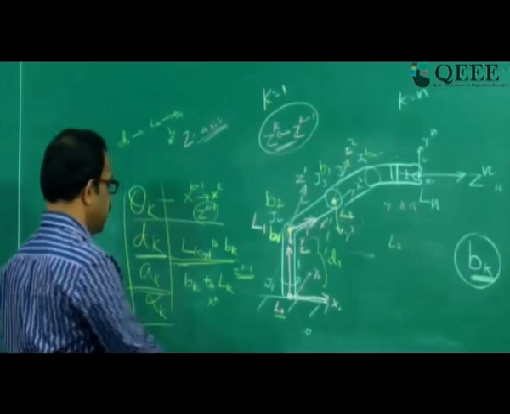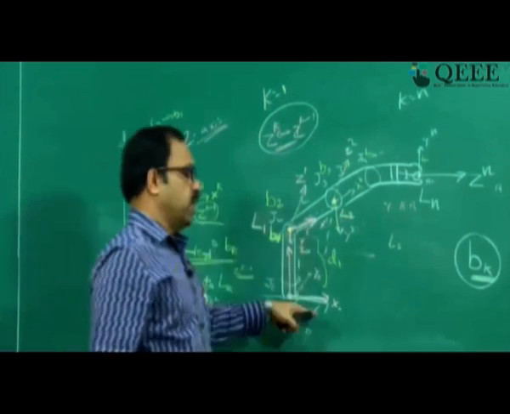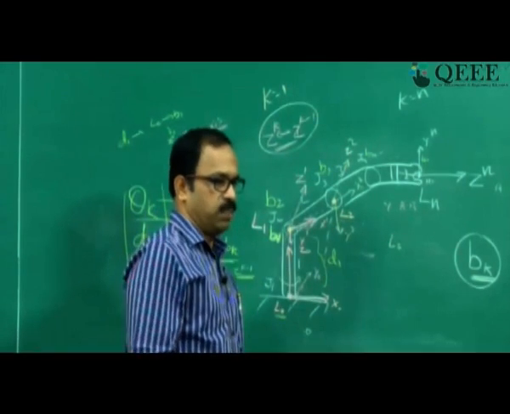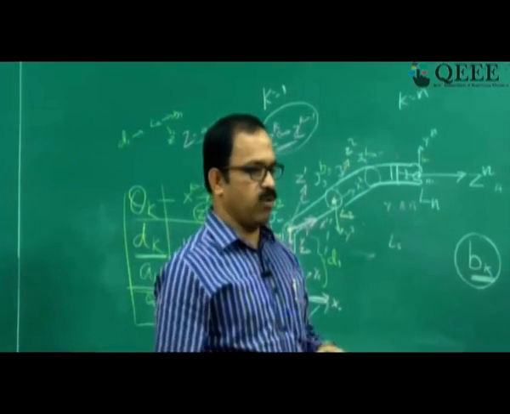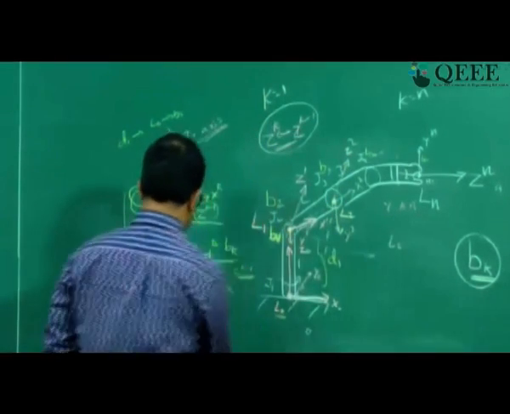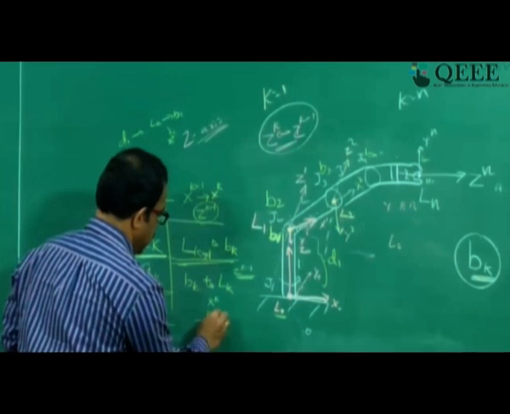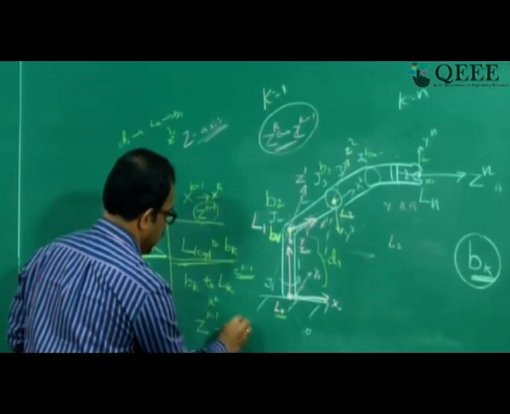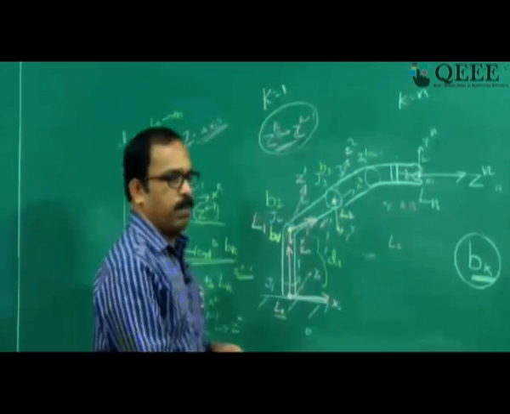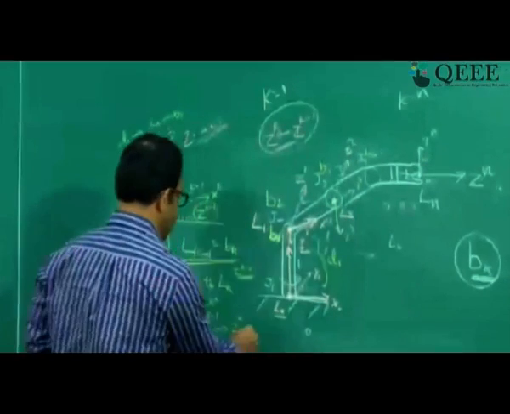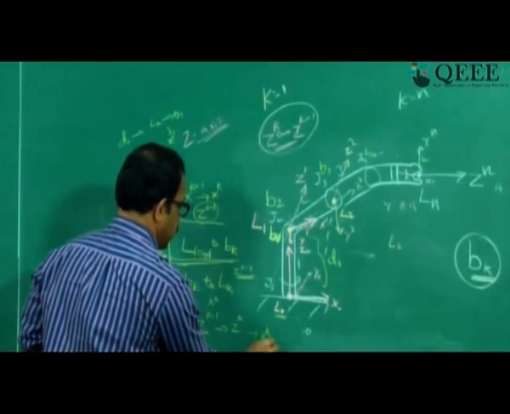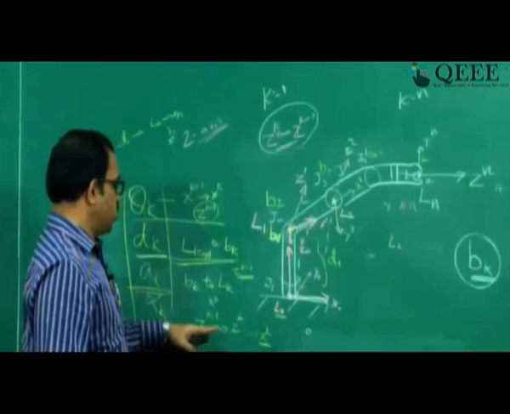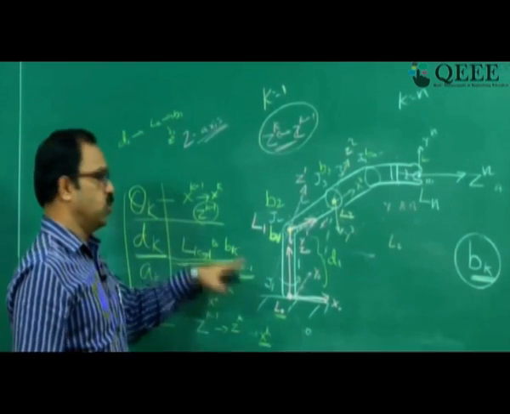And alpha k is the angle between two successive joint axes. So alpha k is the angle of rotation from zk minus 1 to zk, measured about xk. So about xk, how much is the rotation from zk minus 1 to zk?